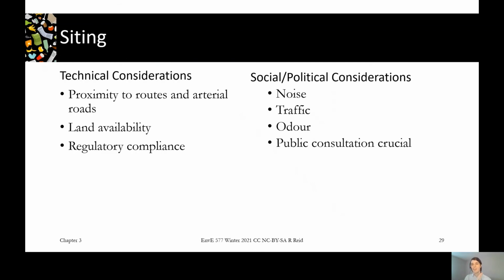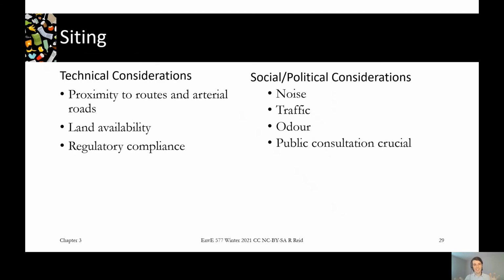So people generally don't want to have transfer stations in their neighborhood. They don't want to have garbage piling up in their neighborhood, but they also don't want to have the infrastructure that's going to prevent that in their neighborhood. So people don't like that there's going to be trucks that are making noise. They don't like that there's going to be odor from the waste. They don't like that there's going to be maybe more trucks on the roads at the intersections, slowing down traffic.